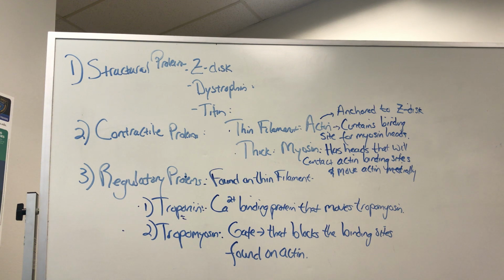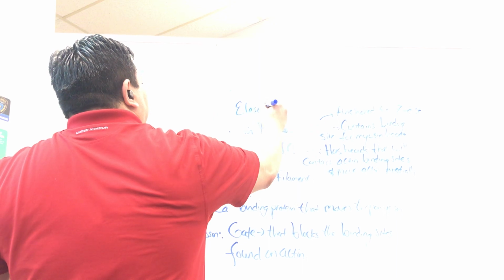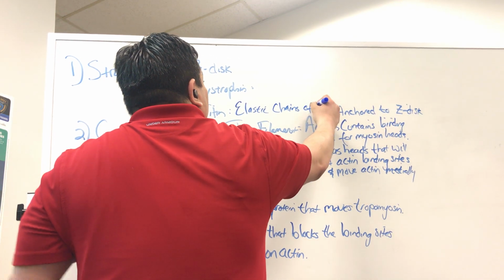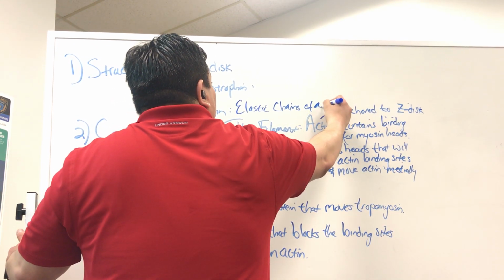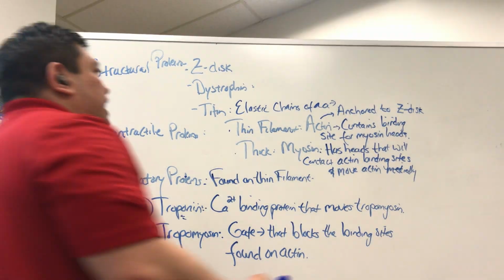Right? Now, in terms of structural proteins, titin is a big one. Titin: elastic chains of amino acids. The important thing with that is that it makes the muscles extensible and elastic.